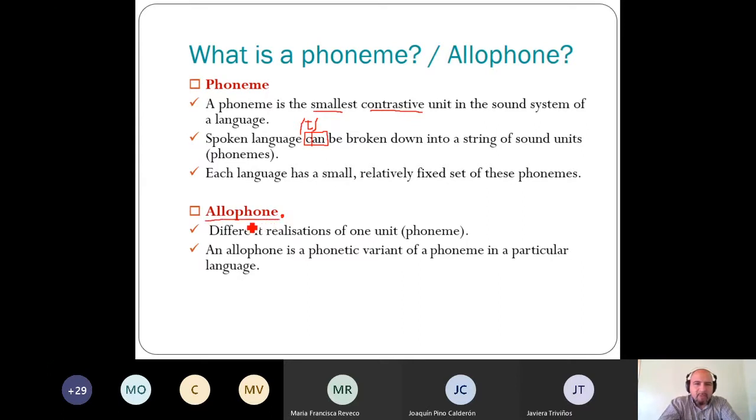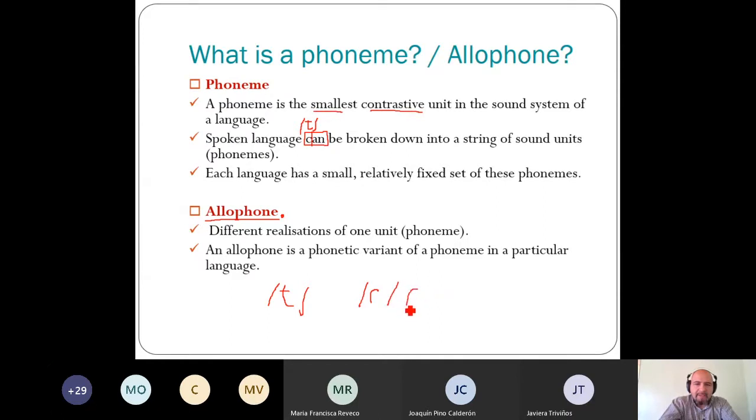In English, for example, when you say letter, button, writer, you say writer with a t sound, and when you say rider, you use one sound that is called a flap.